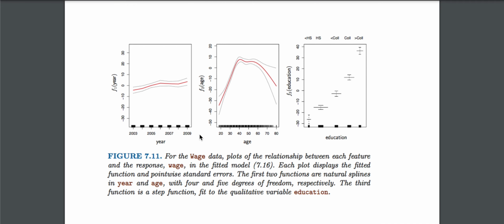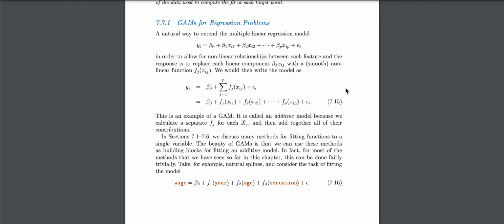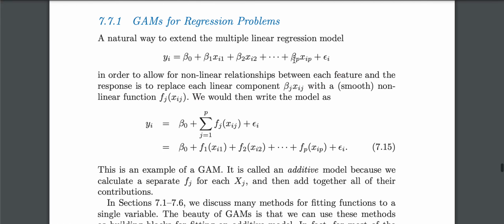Okay, this is something I like to talk about. Generalized additive models. So this is the multiple linear regression model we saw many times. GAMs use the same sort of representation, except that instead of having these terms that are linear in each feature, they use different functions.